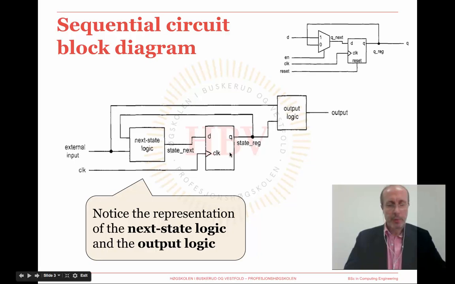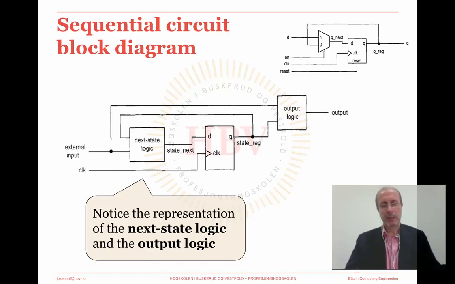Well, to improve the clarity of VHDL descriptions and also to simplify the logic optimization during the synthesis process, it is recommendable to create two segments in the architecture body, one to describe the registers and the other one to describe the combinational logic blocks, which, as you can see in this representation, are responsible for generating the next state information and also the external outputs.